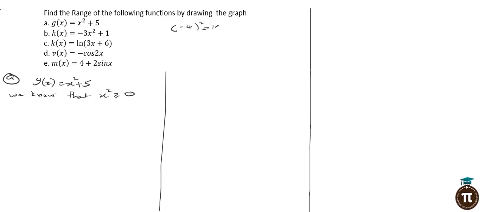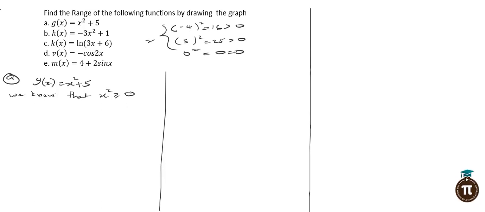The answer is 16, a positive number. If I take a negative number and square it, I get a positive number. If I take a positive number and square it, I still get a positive answer. If I take 0 and square it, I get 0. So what is the essence? No matter the value you take, by the time you square it, it's always greater than or equal to 0.